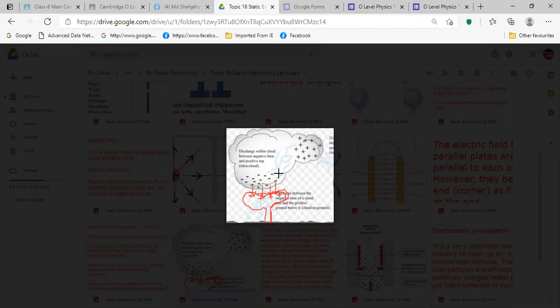When we are bringing any charged particle closer to a neutral object, what happens? The charged particle's charge is negative here, so it will repel the negative charges on the uncharged one. So the negative will go to the ground, and here we have only positive. So this positive will now attract these negative ones, and due to this attraction, these electrons will flow towards the plants. Is it clear now?